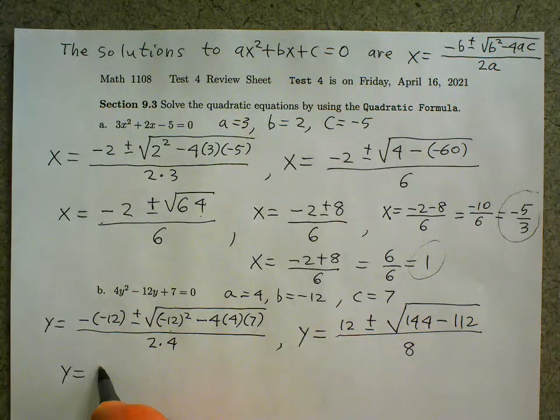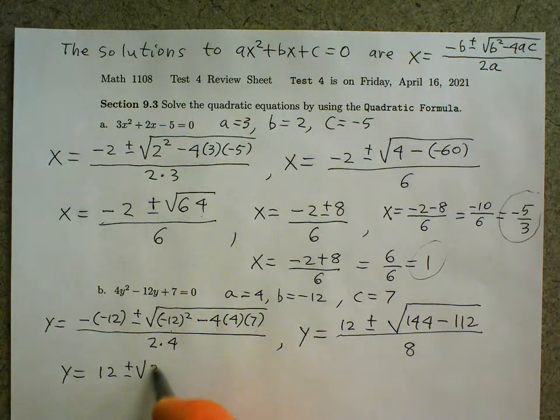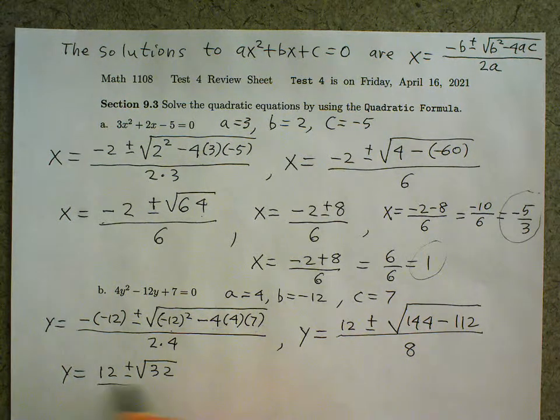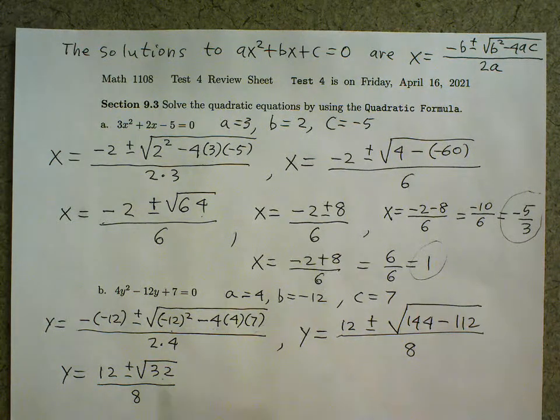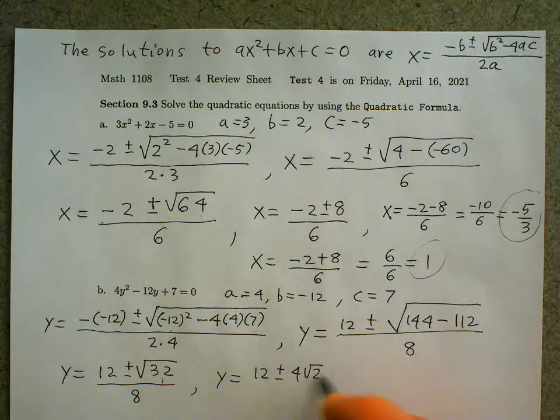So a couple more steps. Y equals 12 plus and minus the square root of 32, all divided by 8. The square root of 32 can be simplified. 16 times 2. So the square root of 32 simplifies to 4 times the square root of 2, all divided by 8.